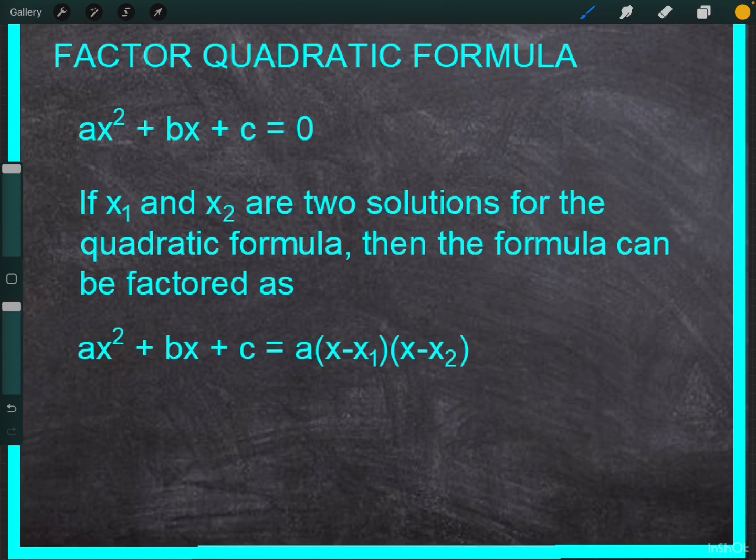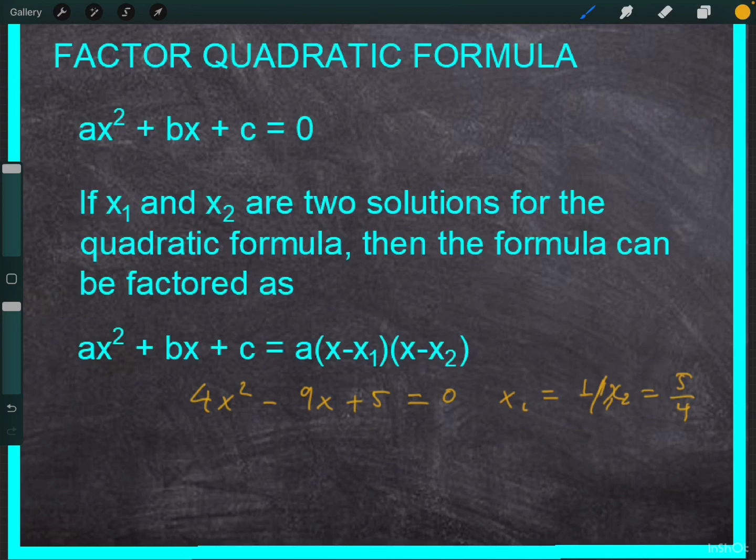Here is an example. For 4x squared minus 9x plus 5 equals 0, this quadratic equation has solutions x1 equals 1 and x2 equals 5 over 4.